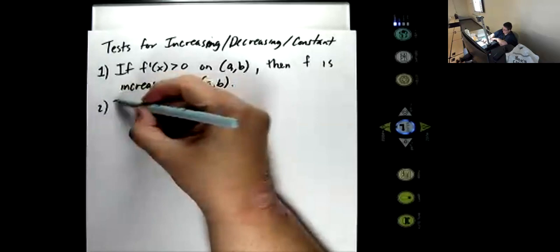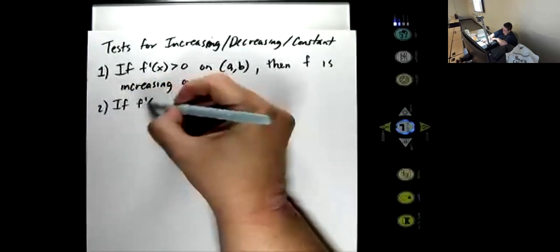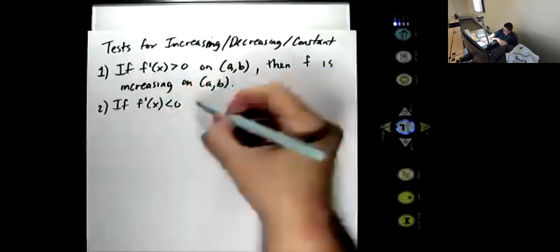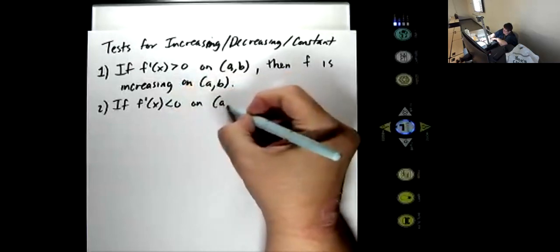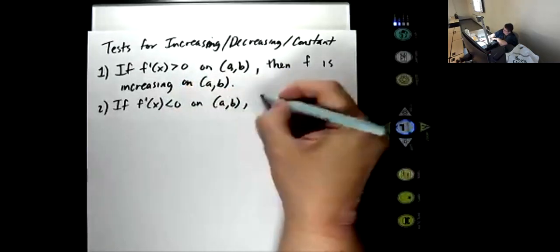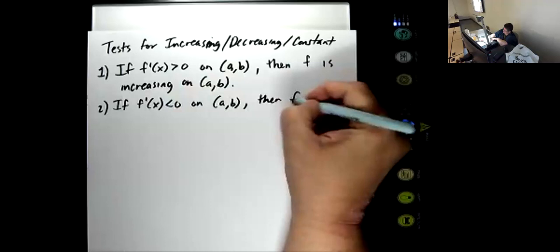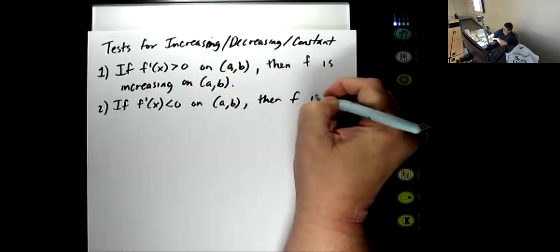Two, if f prime of x is less than 0 on AB, then f is decreasing on AB.